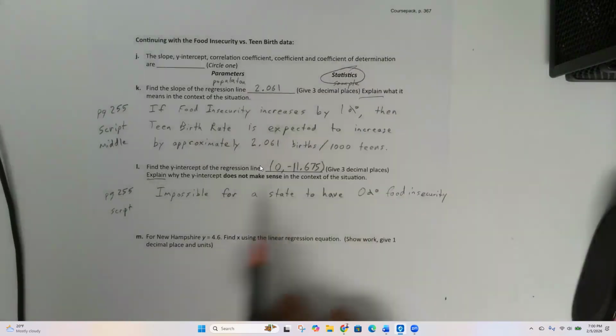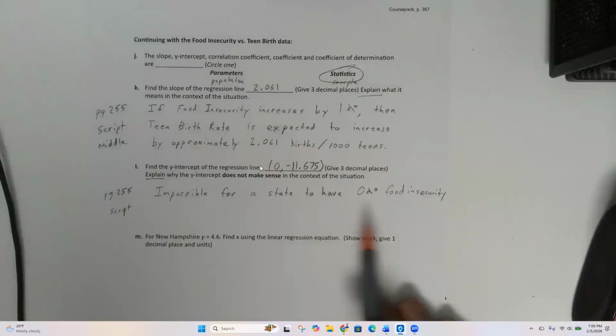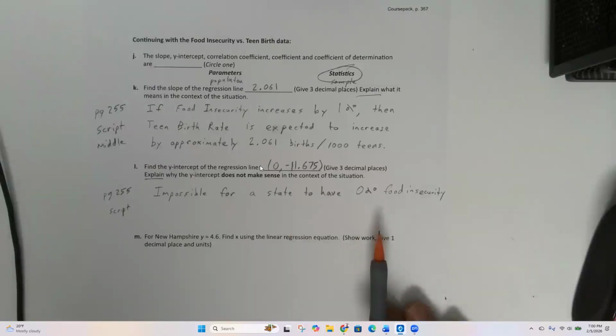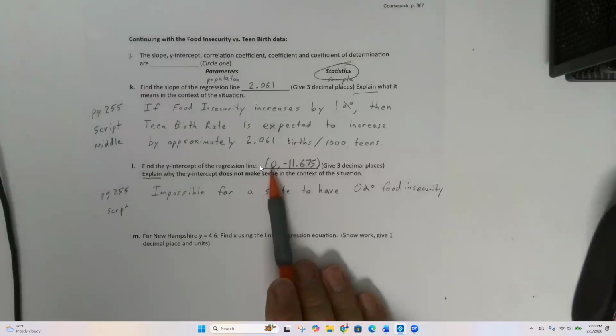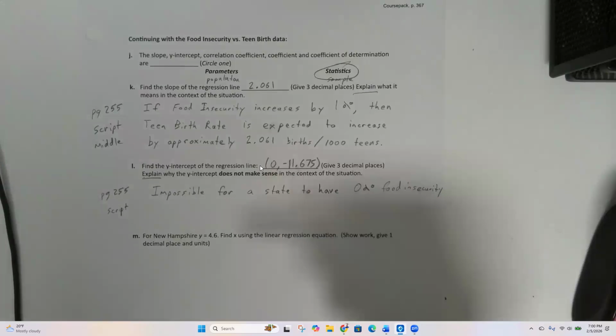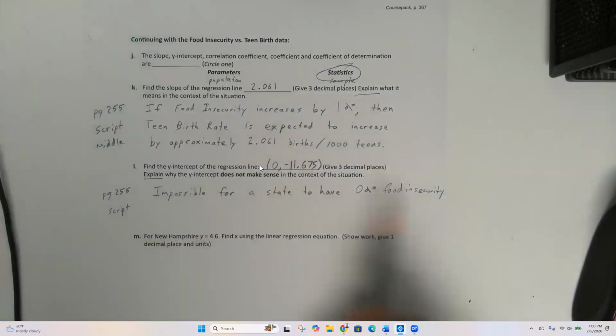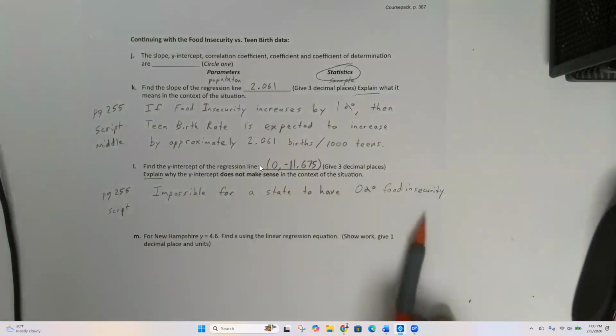Now, Mike pointed out that there's actually a second answer here. So it's not just the 0 that's the problem. This one, -11, is also a problem because it's impossible, and you don't have to write this out. So what I've written here is the answer. Okay, so we can say we're done.